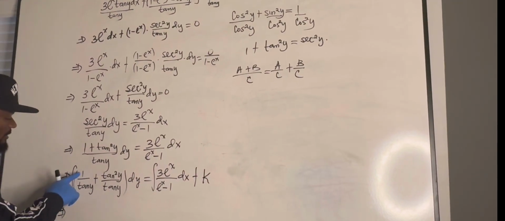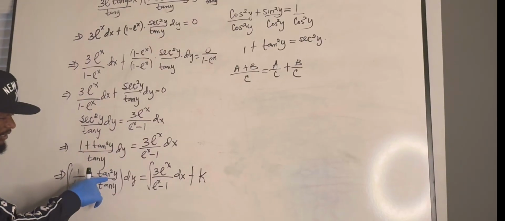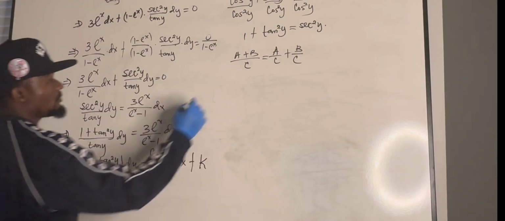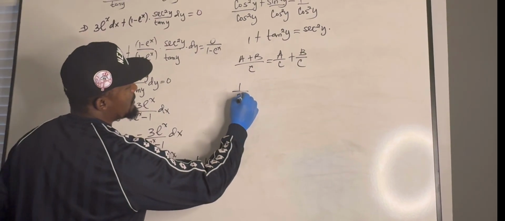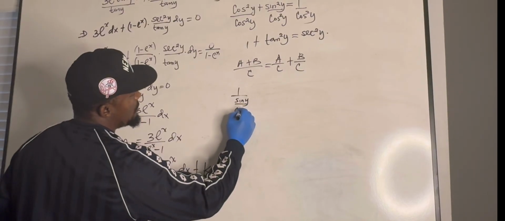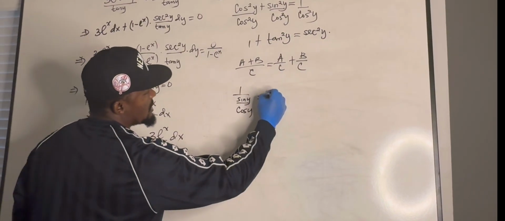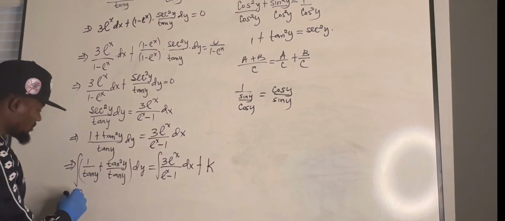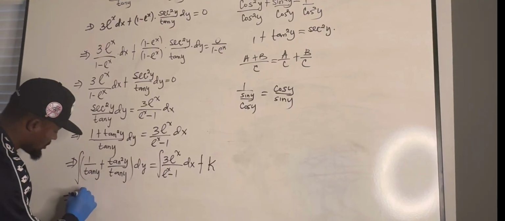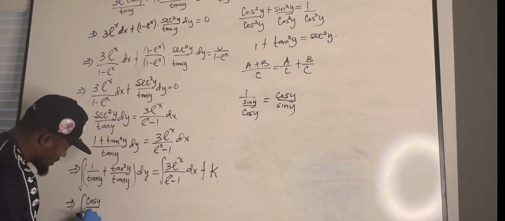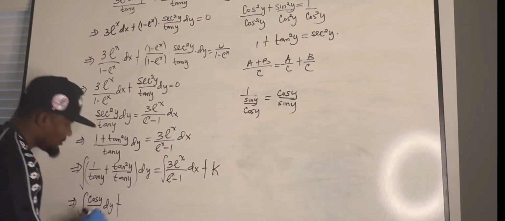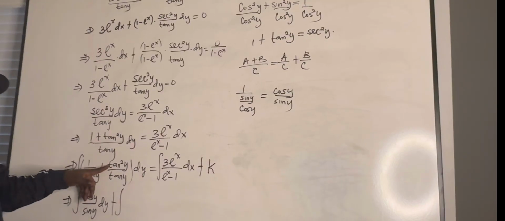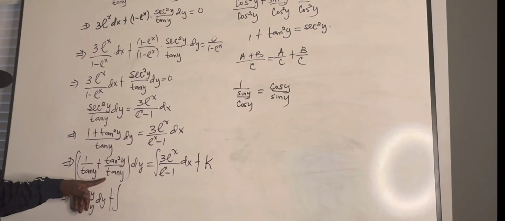This implies I can integrate these terms separately, and I can also change this. 1 over tan y is, tan y is sine y over cos y. This is the same as cos y divided by sine y. So instead of writing 1 over tan y, I can say cos y divided by sine y dy, plus the integral of tan squared y divided by tan y.